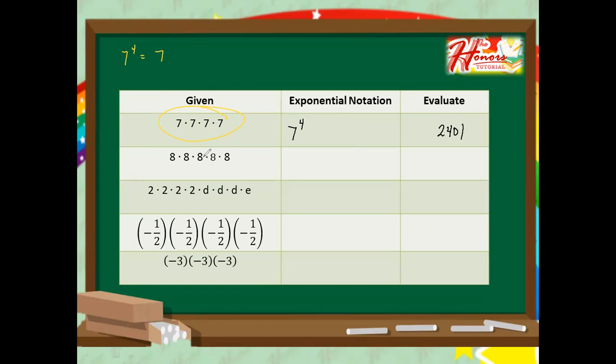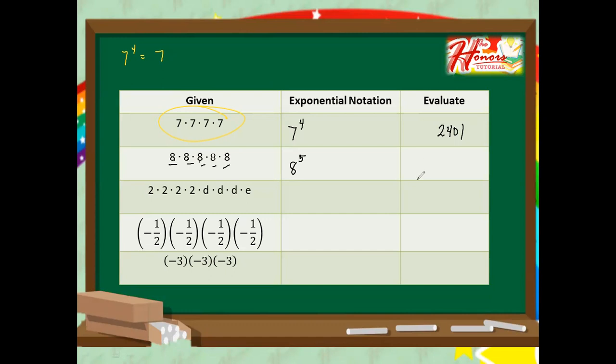Next, 8 times 8 times 8 times 8 times 8. So that is 8 raised to 1, 2, 3, 4, 5. 8 raised to 5. Evaluate, simplify. 8 raised to 5 is not 8 times 5. Please don't do it. So that is 8 times 8 times 8 times 8 times 8. So let's have it.